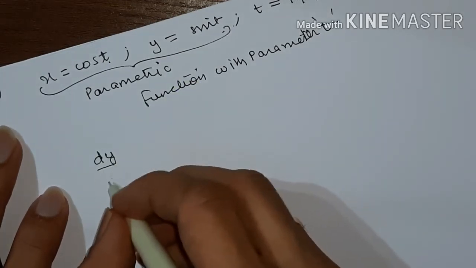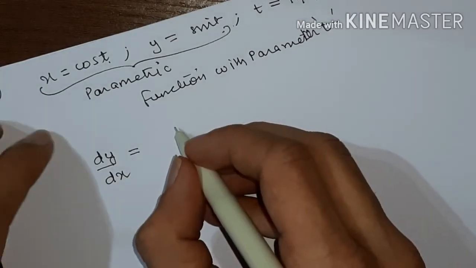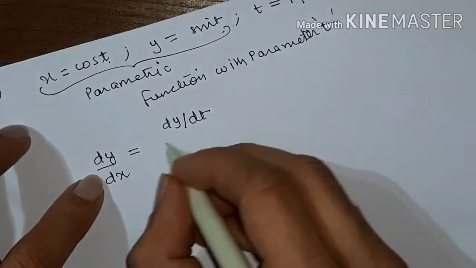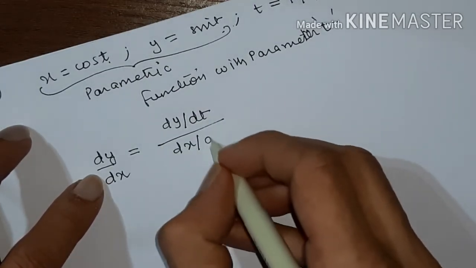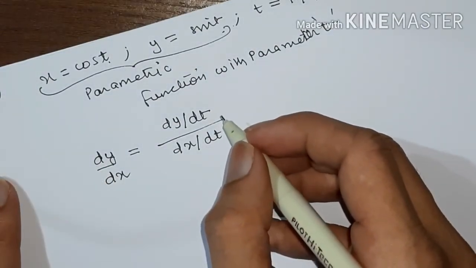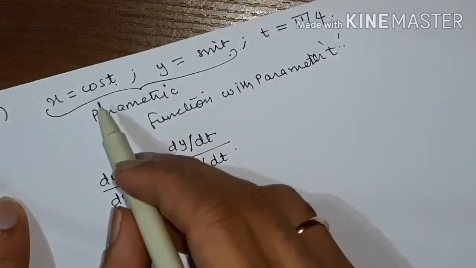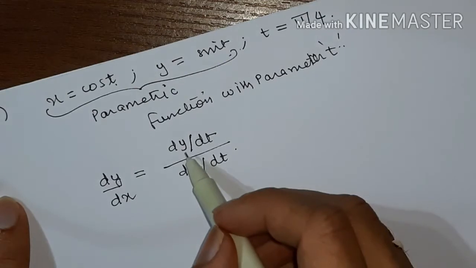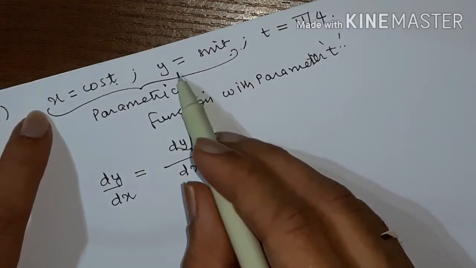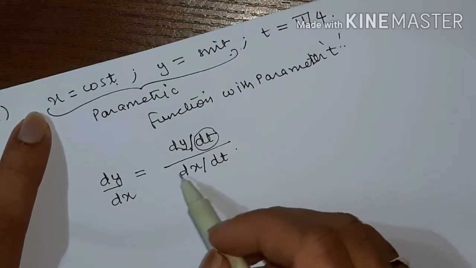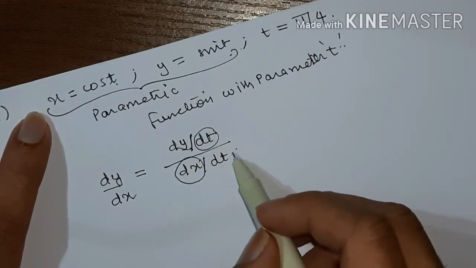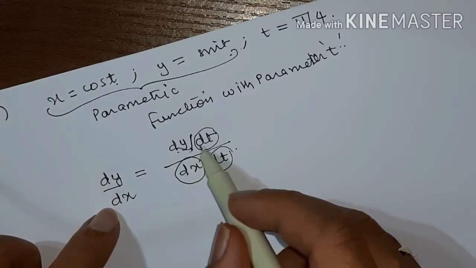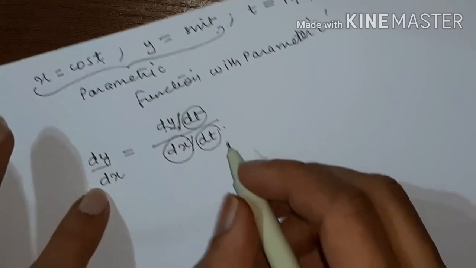What you have to do, dy by dx is equal to, by the chain rule, it is dy by dt, okay, the whole divided by dx by dt.